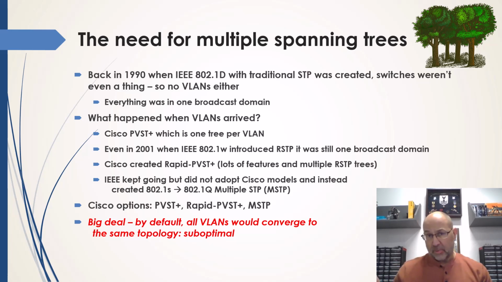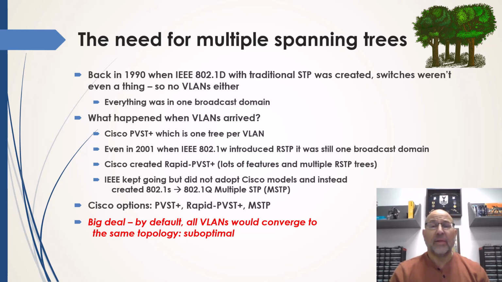So now VLANs come around. Switches and VLANs come around, and Cisco comes up with per VLAN spanning tree plus, which is one tree per VLAN. So every single VLAN that you have has a different instance of spanning tree running. Now the IEEE was hot on their heels and developed 802.1w, which was later put in 802.1q.